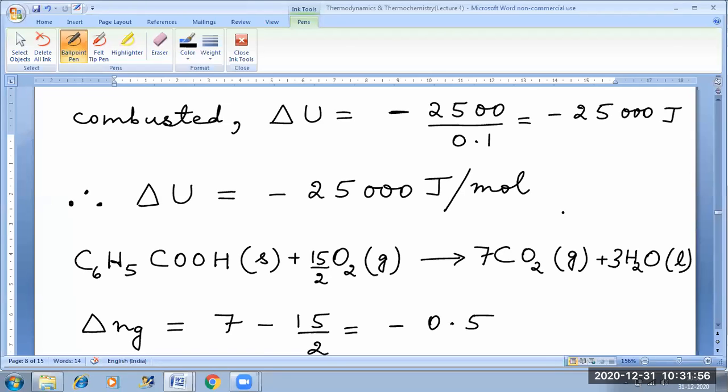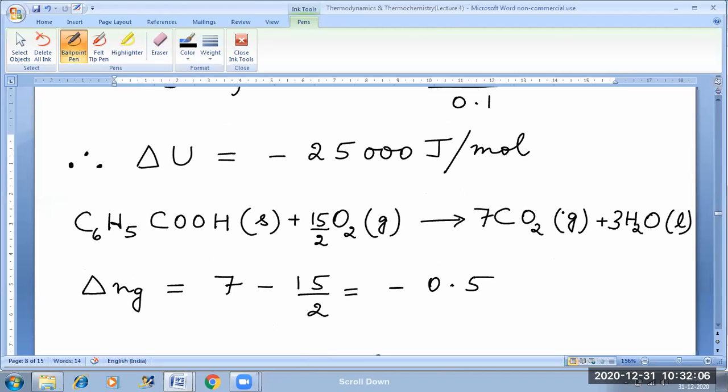Always take water to be in liquid form in any combustion reaction unless mentioned otherwise in the question. Delta Ng is 7 minus 15 upon 2, which is minus 0.5, because solids and liquids are not taken into consideration for calculating delta Ng.